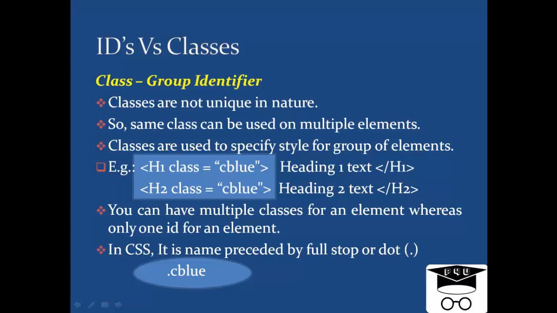In the example, h1 has class equal to cblue, and again in h2 we have specified the class as cblue. Class can be the same for multiple elements. You can have multiple classes for an element, whereas only one ID for an element.